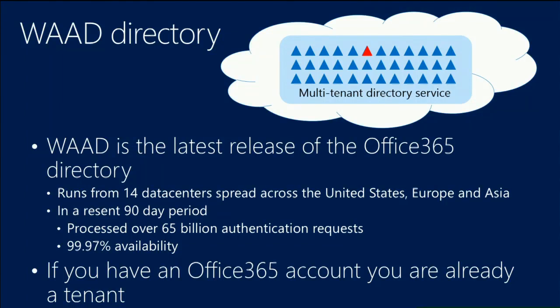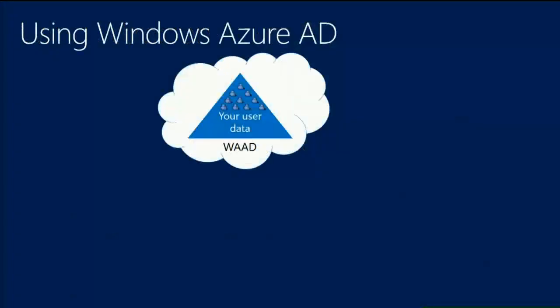And in a recent 90-day period, it processed 65 billion authentication requests with 99.97% availability. So it's doing really well. It's a very mature directory. So if you already have an account, you have a Windows Azure Active Directory account. Otherwise, you can sign up for a Windows Azure Active Directory, and you become a tenant within Microsoft space.